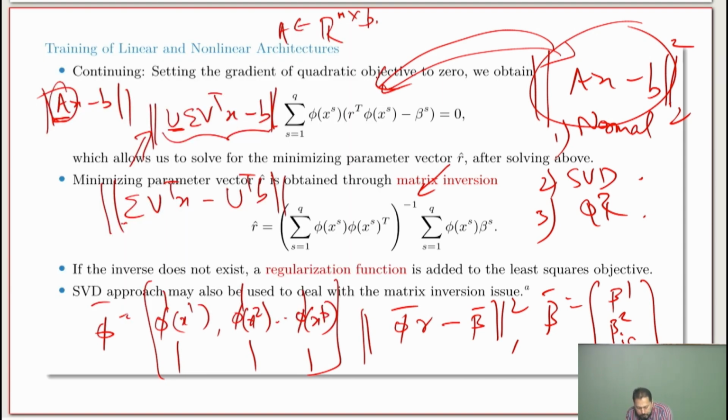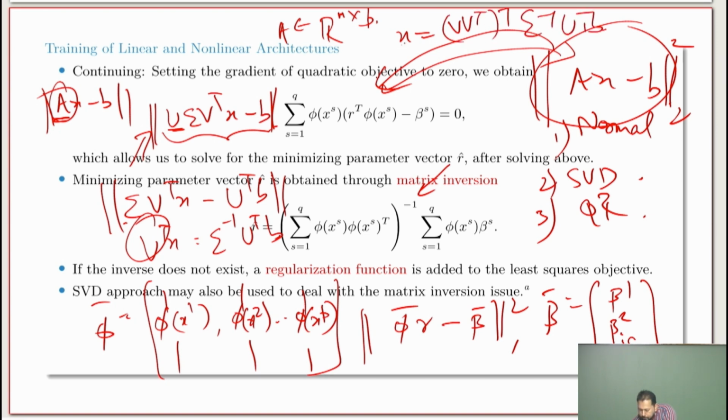Then it becomes a linear system, because if you want to minimize this, then it's V transpose x equal to sigma inverse U transpose b. Since V is orthonormal, x will be V sigma inverse U transpose b.